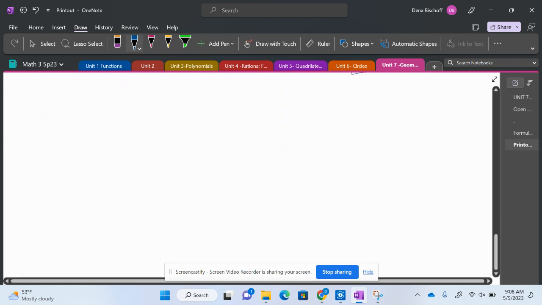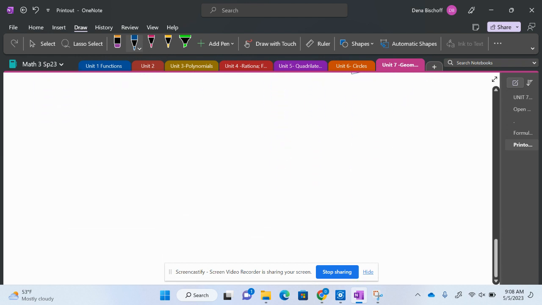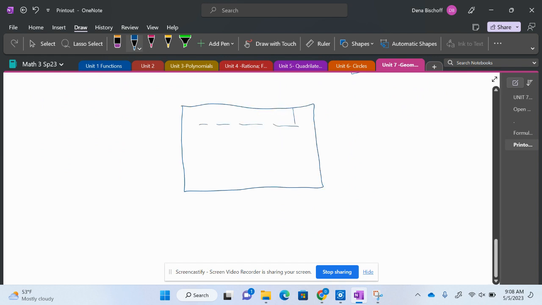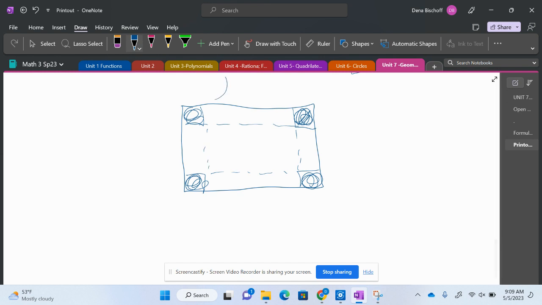So then you go to the back page of your notes. We started with this shape and then we cut out this dimension from each corner. We're cutting out these boxes from each corner, and I'm making these dashed lines because this is where we're going to fold it. I know that this was my length and this is my width.